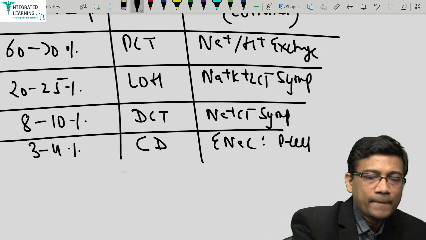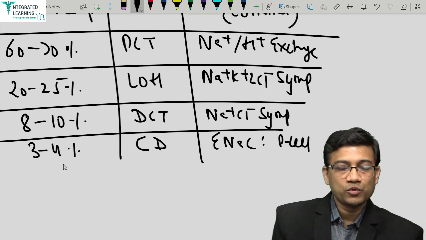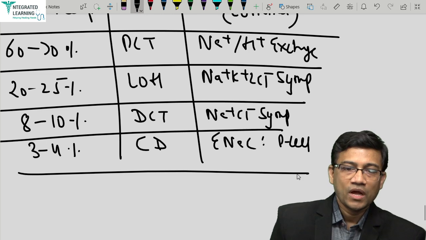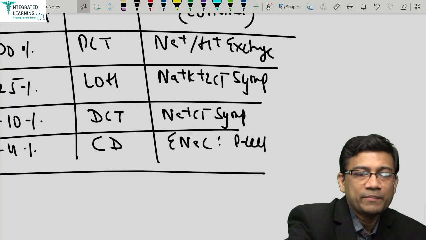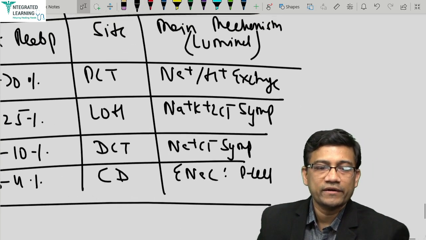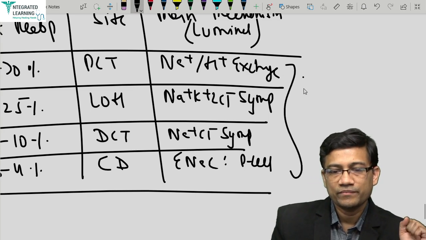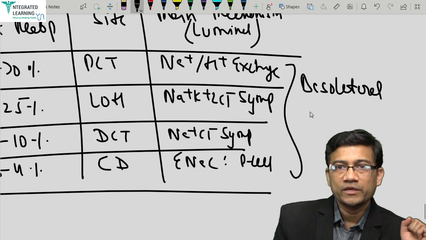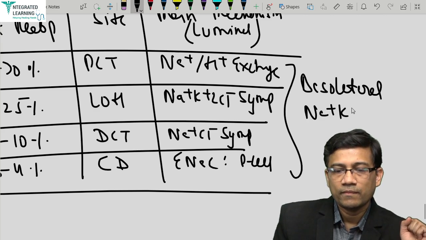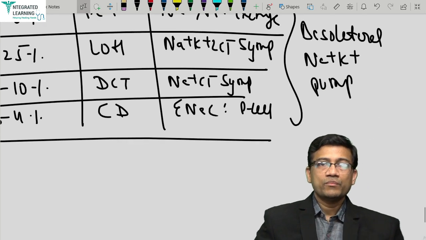These are all apical or luminal transporters. Who is there at the basolateral side? The basolateral is the same for all: the sodium potassium pump, which I discussed already in P cells.